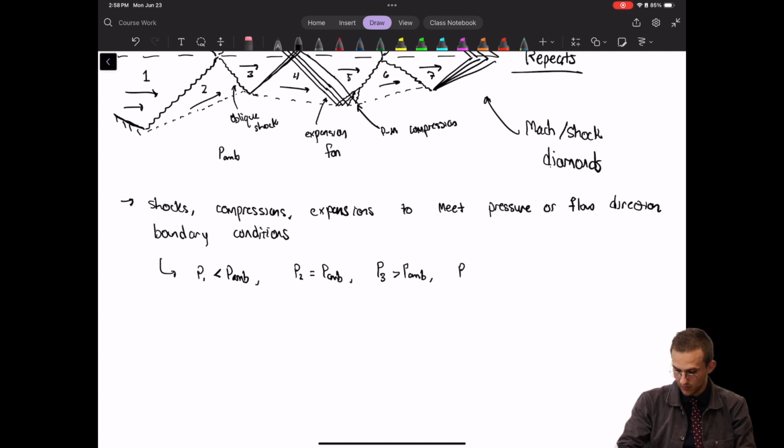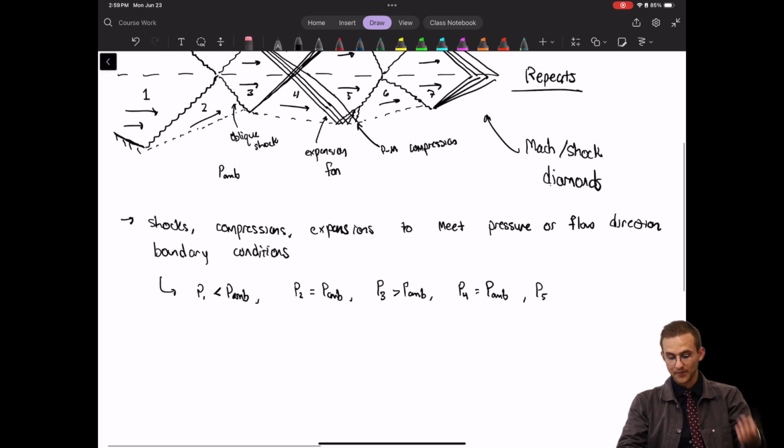P4, we went through an expansion fan to meet the pressure boundary condition, right? So that means that P4 is equal to P ambient. And then we have P5, trying to meet a flow direction boundary condition, with the proper process for that being an expansion fan.